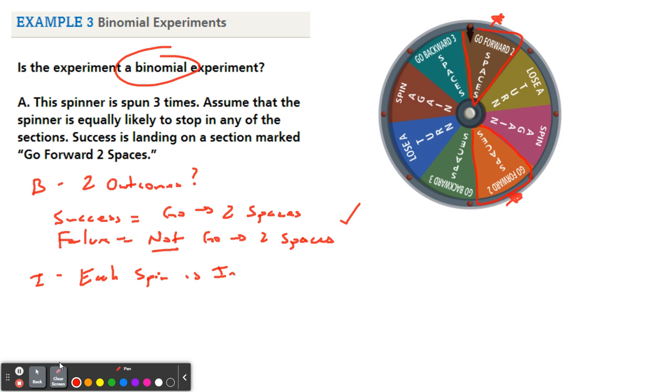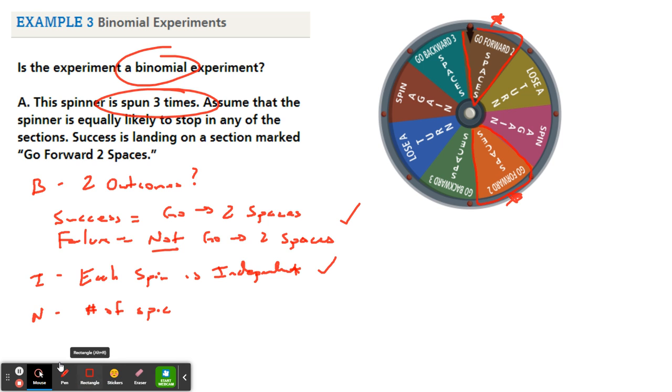So each spin is independent. Next, N: is the number of trials fixed? Yes, you're going to spin the spinner 3 times, so n equals 3. We're good there.